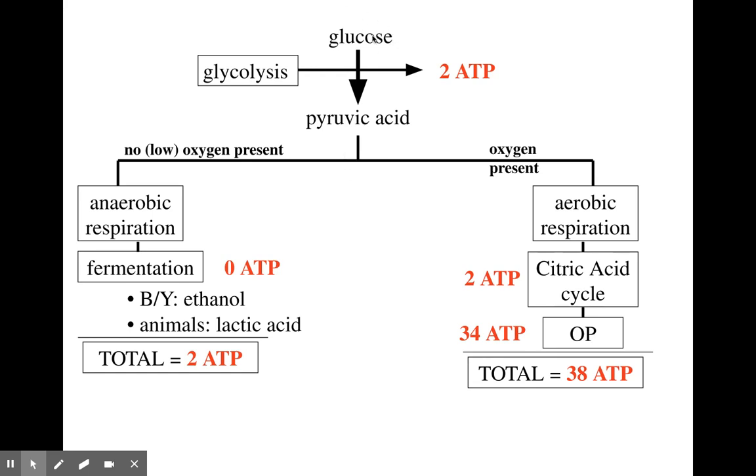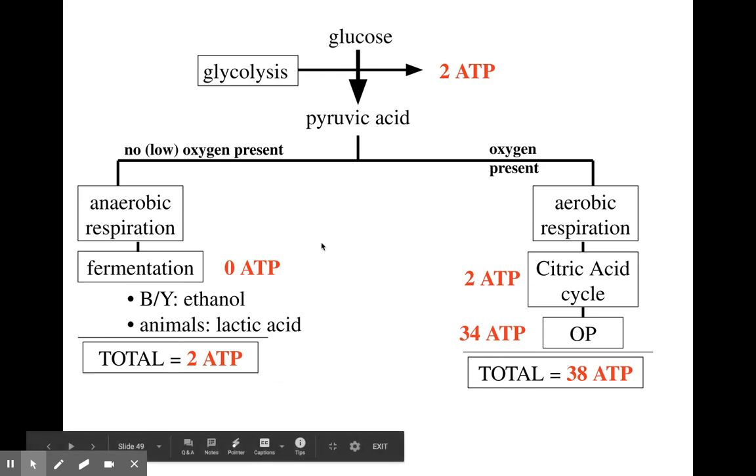So again, glucose, glycolysis, 2 ATP, make pyruvic acid. Little or no oxygen present, we're going to go into anaerobic respiration. An means no, no air. That's what this really means, no air respiration. So with no air respiration, we have fermentation, that's not making any more ATP, and we are creating waste products, lactic acid and ethanol.